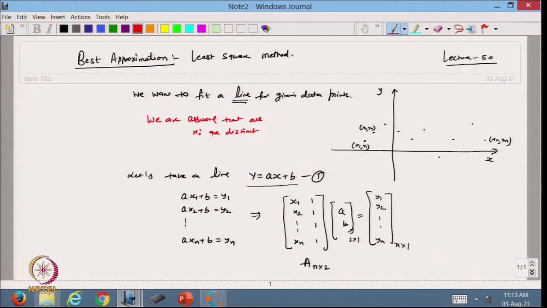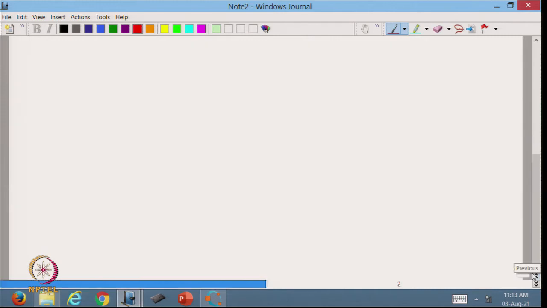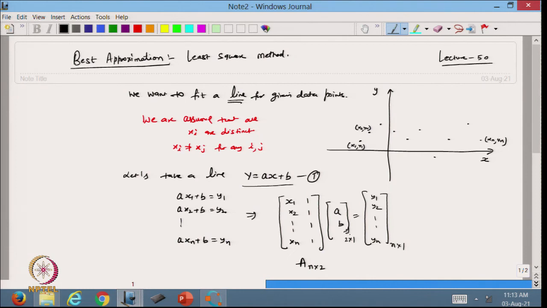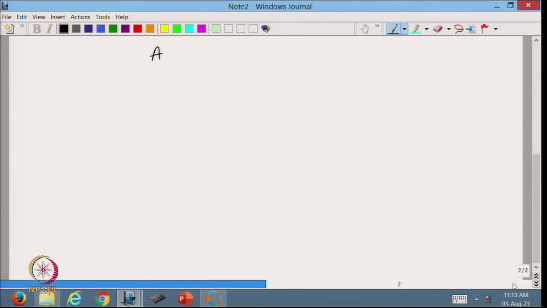It means xi is not equal to xj for any i, j. It means they all are distinct. So from here, this is a system of equations. I can write this as A v is equal to y.